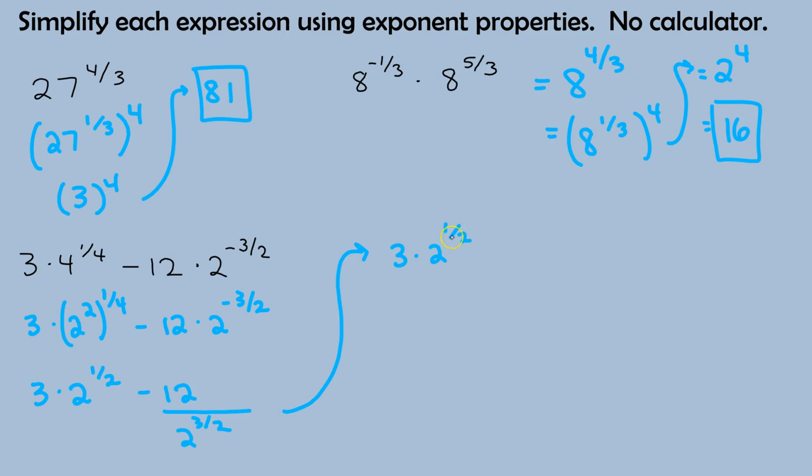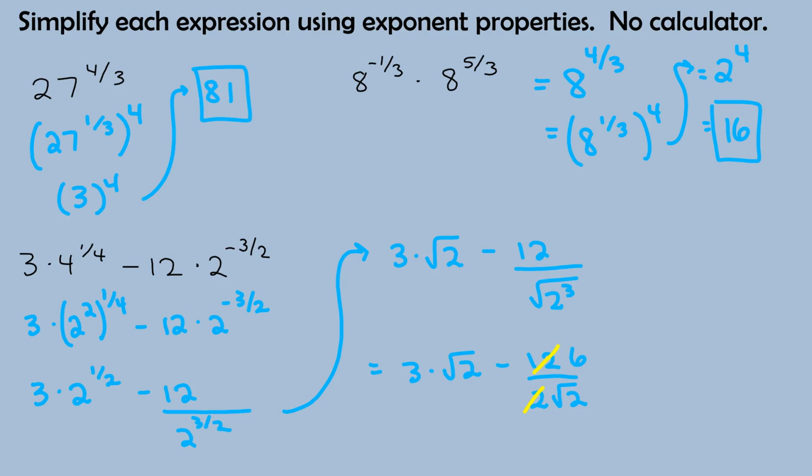I'm going to do that. 3 times square root 2 minus 12 over, now you can think of 2 to the 3/2 as the square root of 2 cubed. That would be the square root of 8. Square root of 8 is 2 square root 2. Oh, now we're getting somewhere, because if we rationalize that, and if we reduce it, we can just make that a 6.